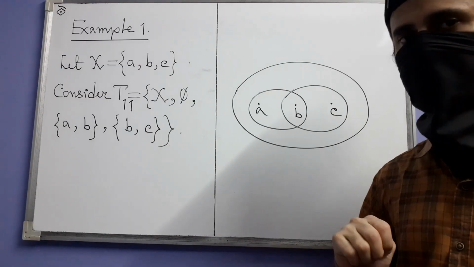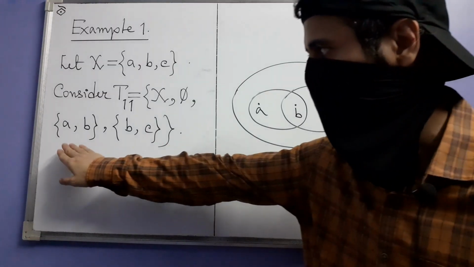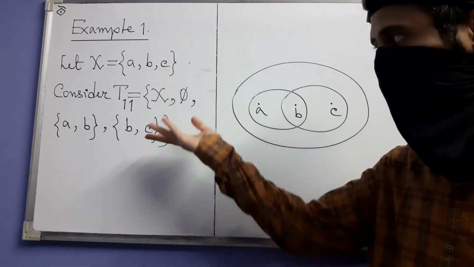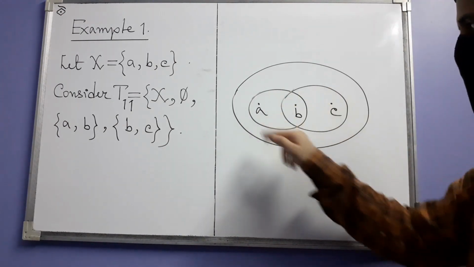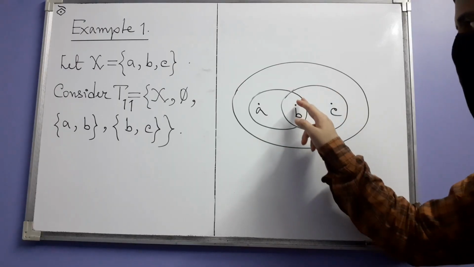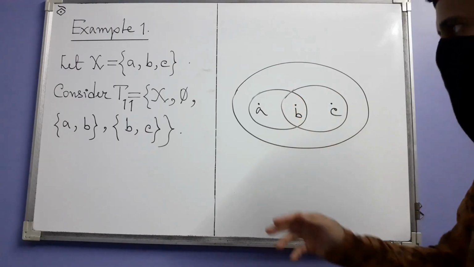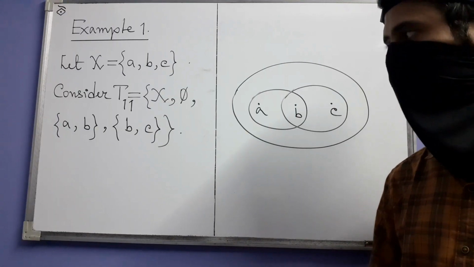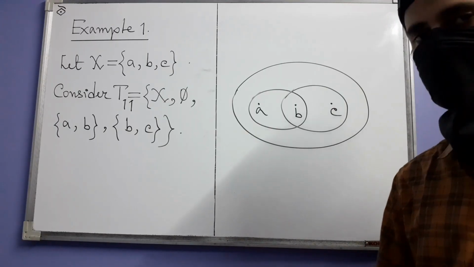This one will fail to satisfy the third axiom, because if you take the intersection of these two sets, you get the singleton set B, which is not present here. So intersecting these two, we get something which is outside T11. So T11 is not a topology on X.